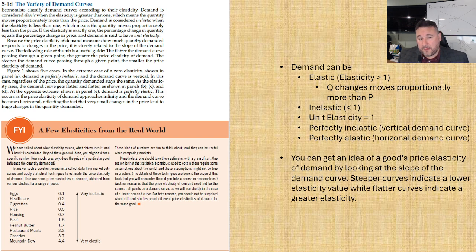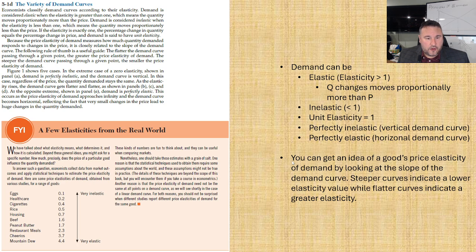Now, if a good is perfectly inelastic, then that means the demand curve is going to be vertical. That's straight up and down, like this line right here. And then if it's perfectly elastic, it's going to be a horizontal line, and that approaches infinite changes. Perfectly inelastic, we'll see the changes later.